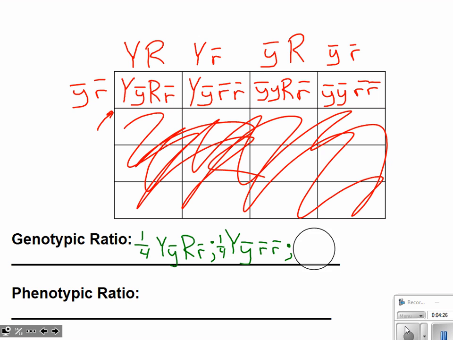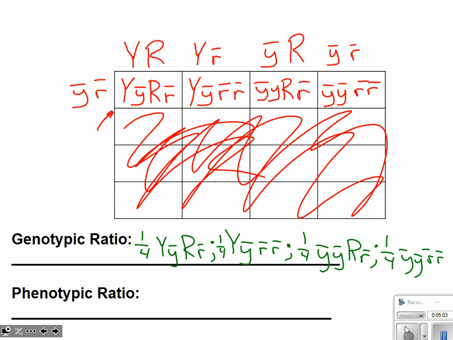Let me leave a little space so I can put my lowercase y, capital R, lowercase r. Are any of those the same? No. So that is 1/4. And finally, my last one is going to be 1/4 lowercase y's and lowercase r's. So my genotypic ratio is just actually writing out what the letters are.